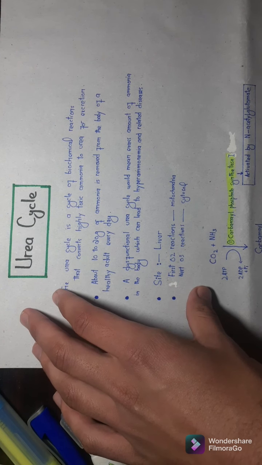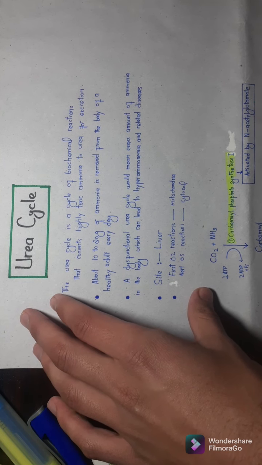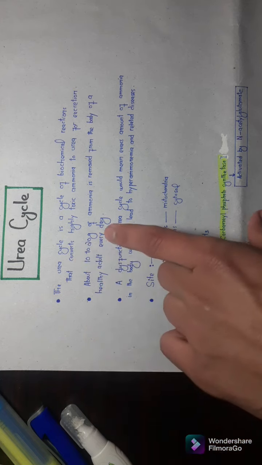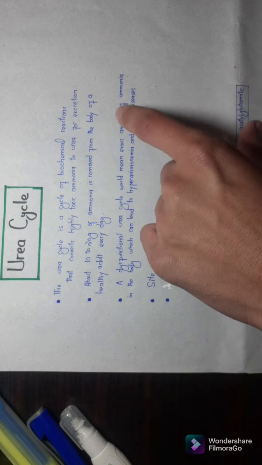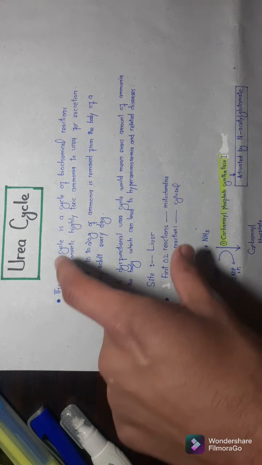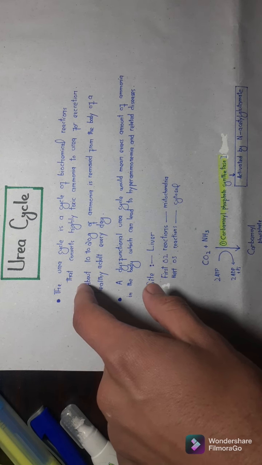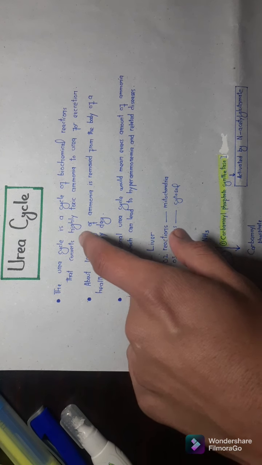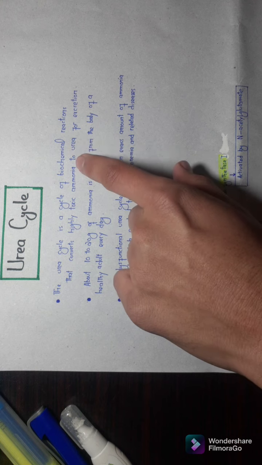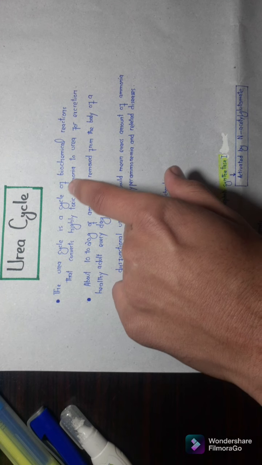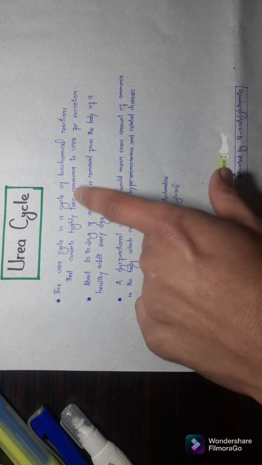Now, in the last, what is the urea cycle? The urea cycle is a cycle of biochemical reactions that converts highly toxic ammonia to urea for excretion. As we know that glutamate is the only amino acid that undergoes deamination to liberate free ammonia, so this highly toxic ammonia converts to urea for excretion. So this whole cycle is known as the urea cycle.